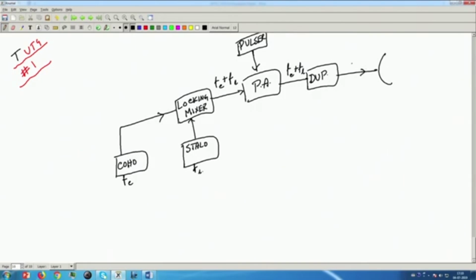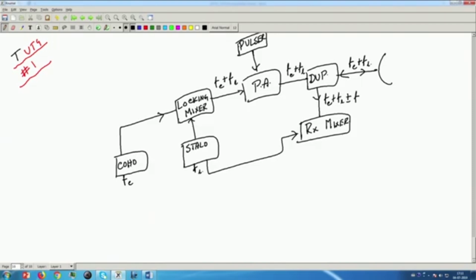So, that means the transmit frequency is FC plus FL, and through this antenna the signal also comes back here. This is the receiving part. First there is the RF mixer, where the frequency is FC plus FL plus or minus FD, depending on the Doppler.